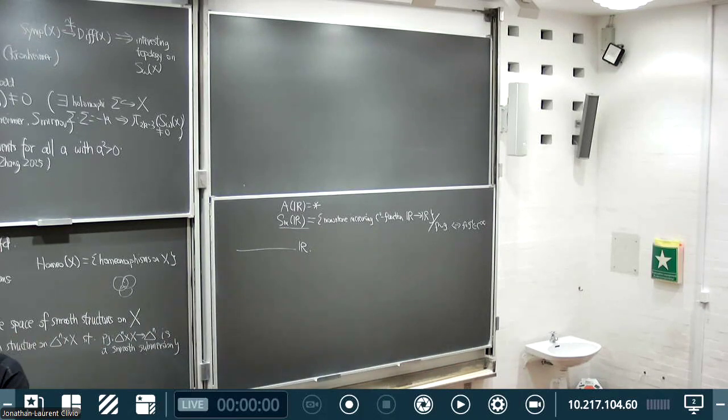So pi zero of SMX is not A, because diffeomorphism doesn't require it, and this modding out by diffeomorphism is different from taking epsilon.